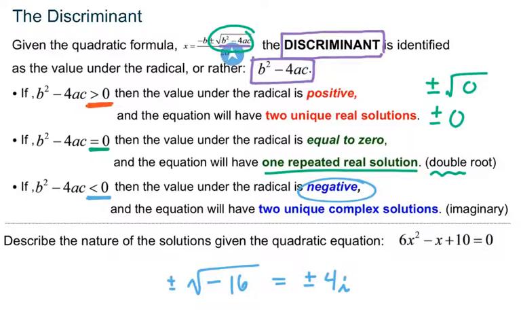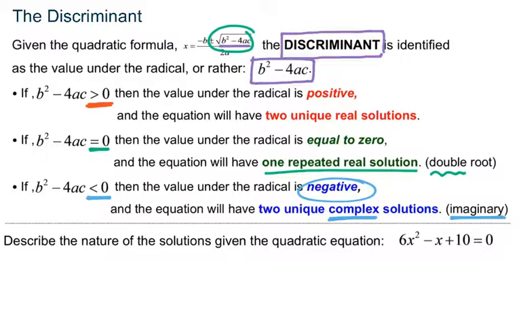So if we have a negative under the discriminant, then we are going to get two unique complex or imaginary solutions. We will get two different solutions, and those complex solutions are always going to occur in conjugate pairs.